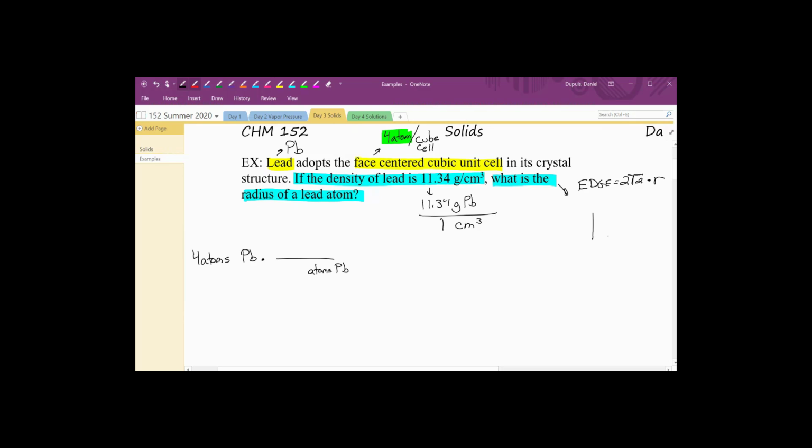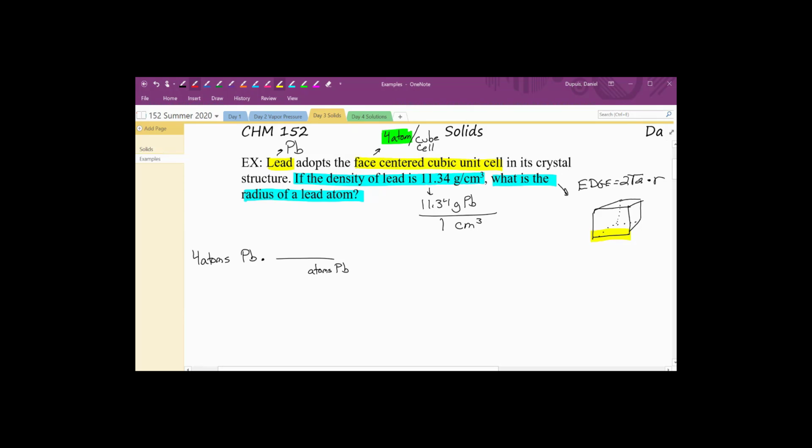So if I get my unit cell here, if I get this edge length here, doesn't matter which, all the edges are the same, right? They're congruent.